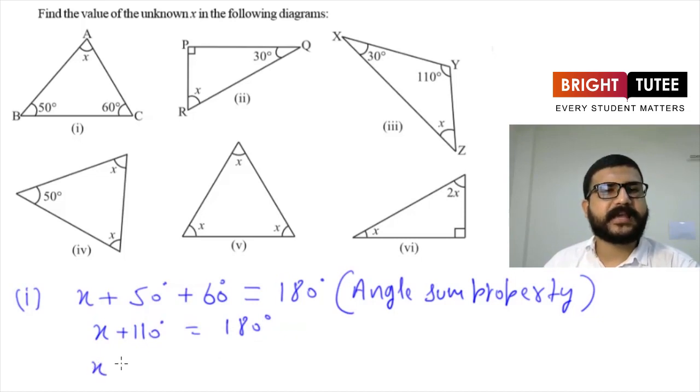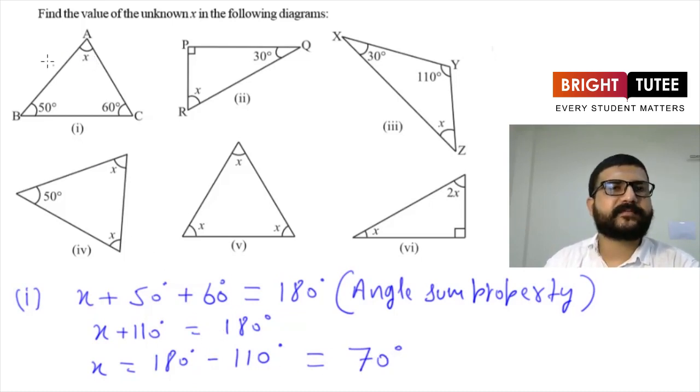So this gives us x is equal to 180 degrees minus 110 degrees. Now by simplifying we will get 70 degrees. So the value of x for the first question is 70 degrees.